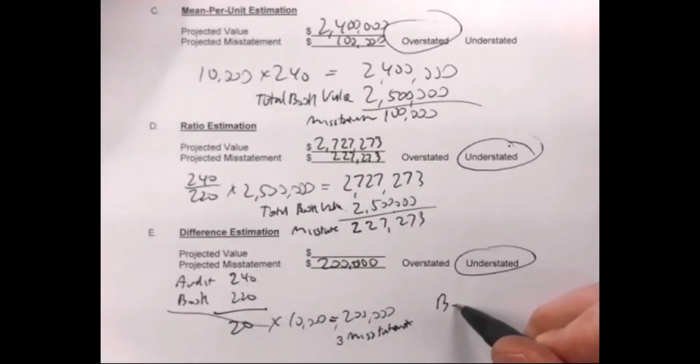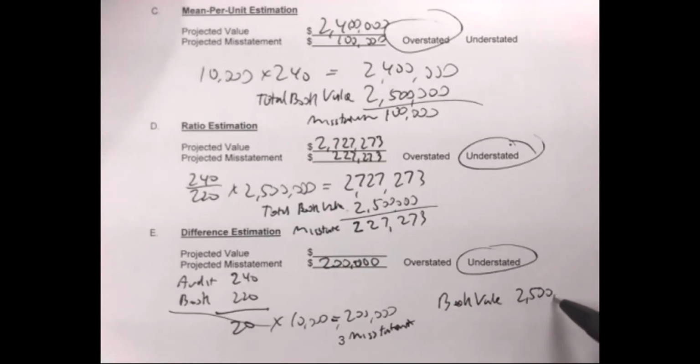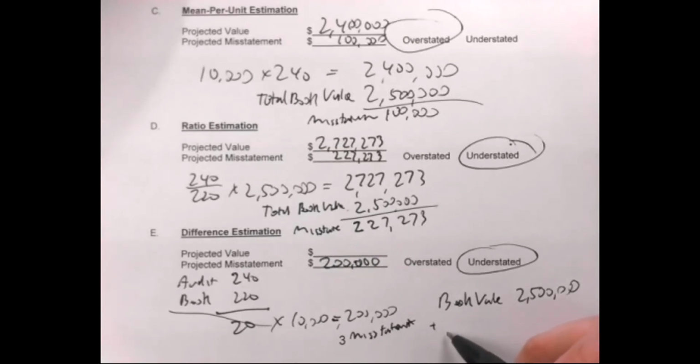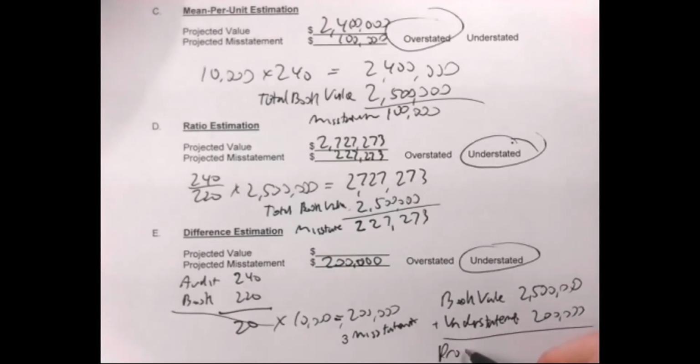So they have their book value, plus the understatement, projected value.